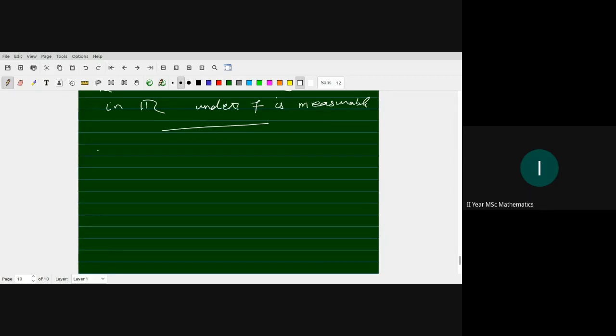So now we take the definition of simple functions. The function denoted by s from X to R is said to be simple if its values are finite.